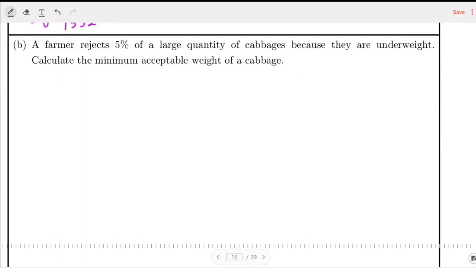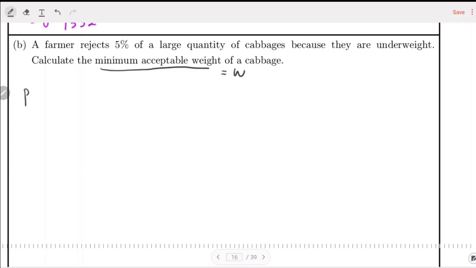A farmer rejects 5% of a large quantity of cabbage because they are underweight. Calculate the minimum acceptable weight of a cabbage. So the farmer will reject 5% of the cabbage that are underweight. So let's say the minimum acceptable weight, we write it as W, for example.